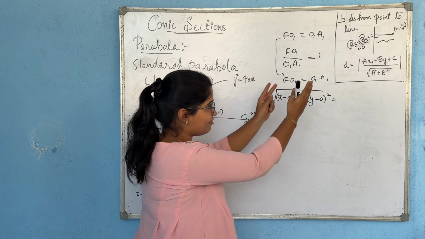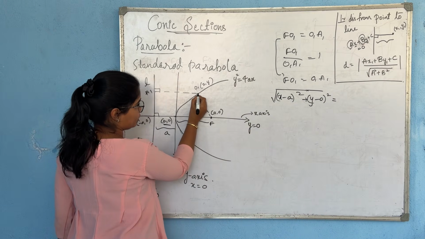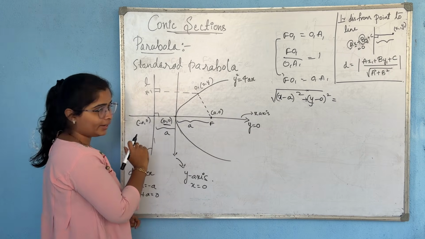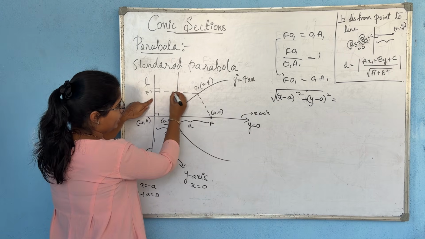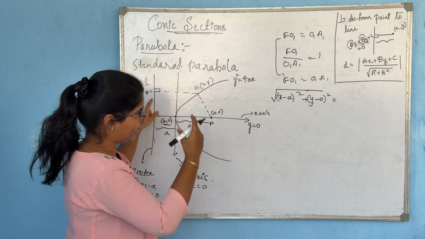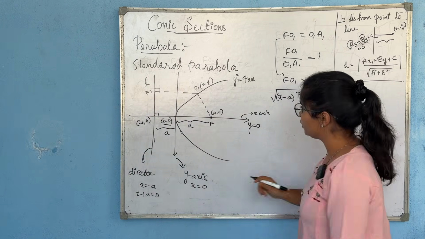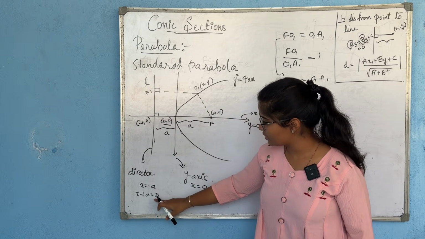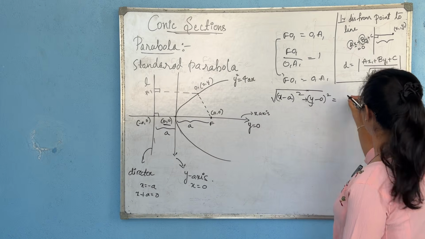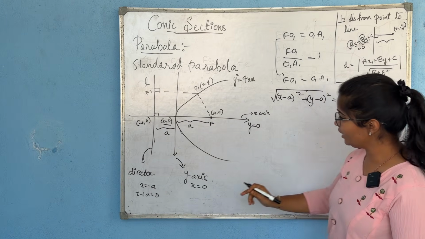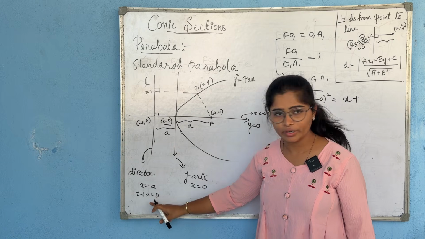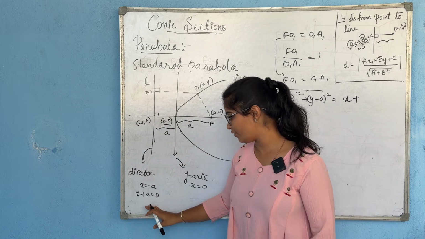And I will use this same formula here. Now this is the point and this is the line, and we need to see this perpendicular distance, right? And therefore I will calculate this distance by using the point and line distance formula. So in this equation of line, that is x plus a is equal to 0, in place of x I will put x, therefore I will get x only, and in place of y I need to put y, but here the y coefficient is 0 because we do not have any y here.